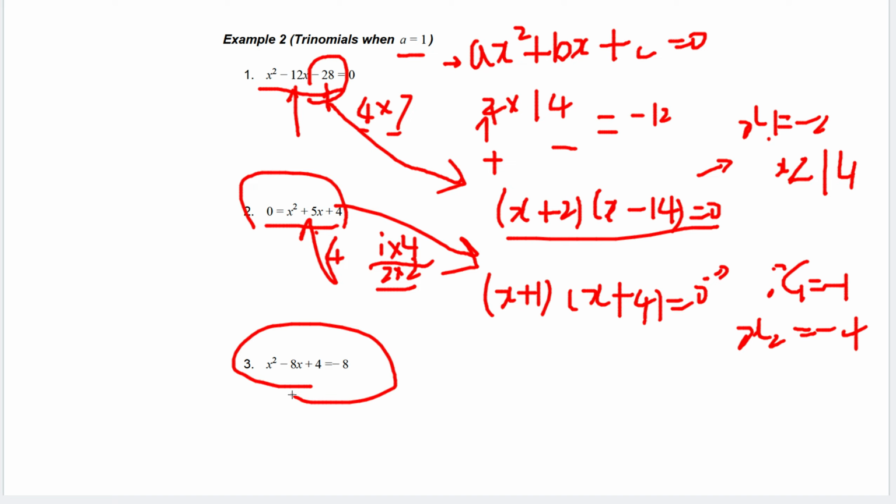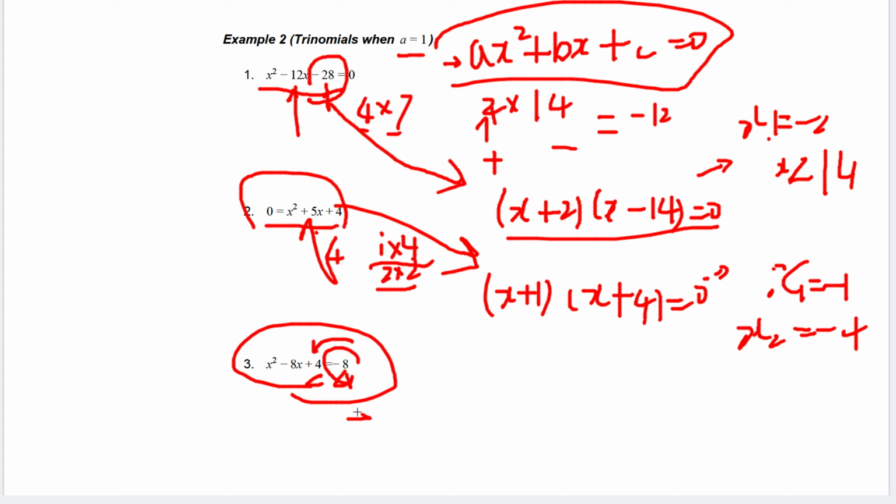Okay, time's up. Let's continue. Think about this: the right side is not 0, right? So we first need to move this part to one side so we can get this formula. That is the easy part: add 8 to both sides, right?